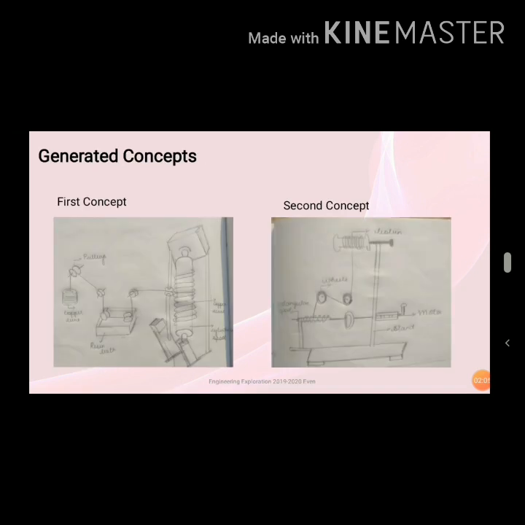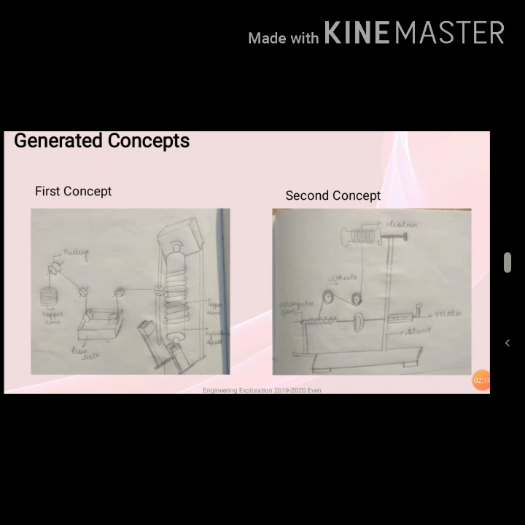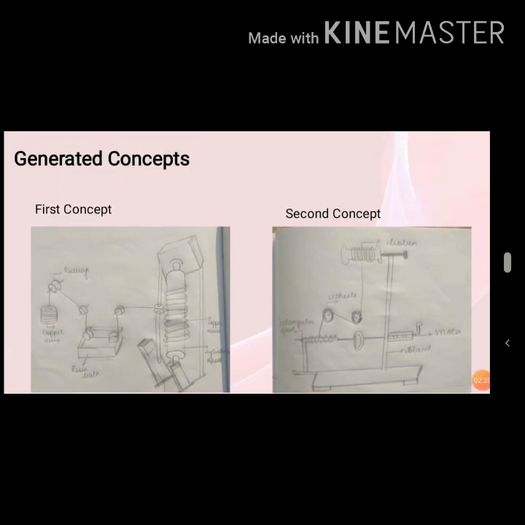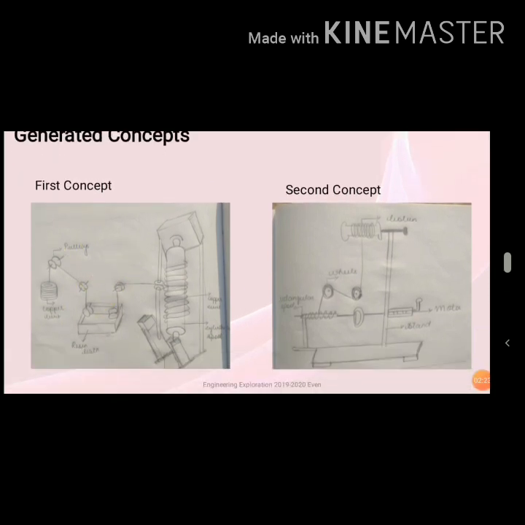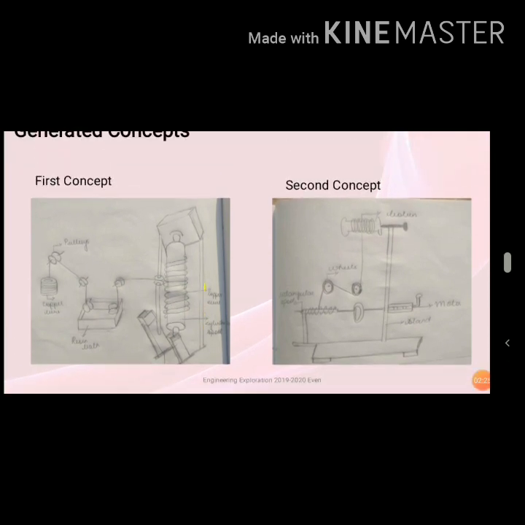So based on our function tree and our problem definition, we have designed 4 conceptual designs. The first one here is we are using a copper reel, and then from the reel onto the pulleys the wire is sent and it's wound on a cylindrical spool.